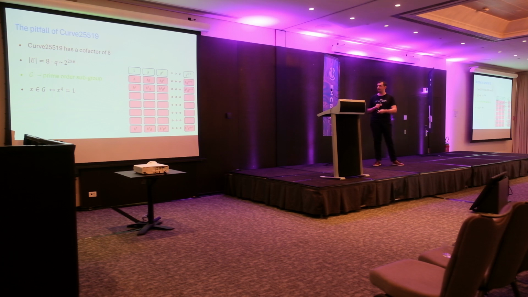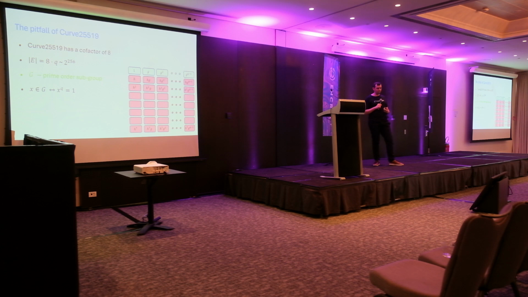And you can think of it like having 8 sets of equal sizes, where one of them is the prime order subgroup, and another 7 are co-sets of this group.